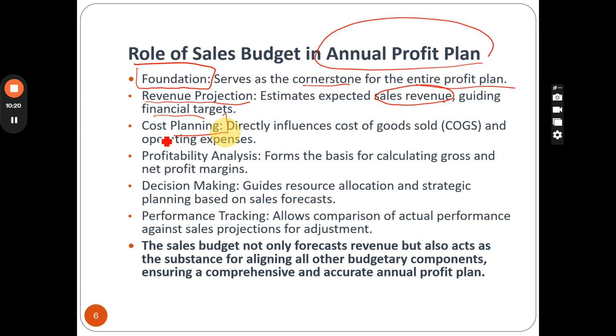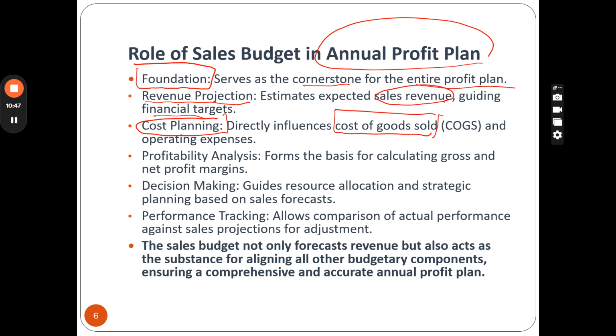Also cost planning. When you know what your sales in units are going to be, that is going to impact your cost of goods sold also, right? So if I'm going to sell 100,000 units, I will have XX of cost of goods sold.